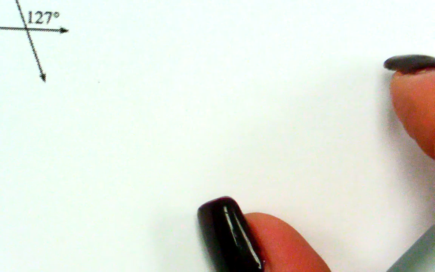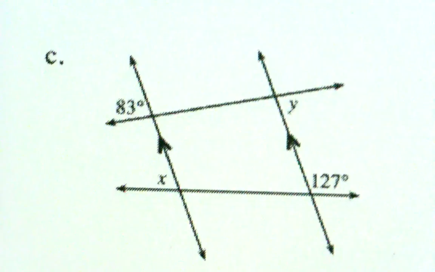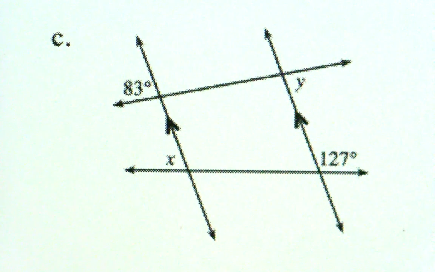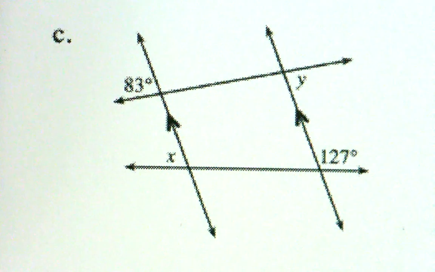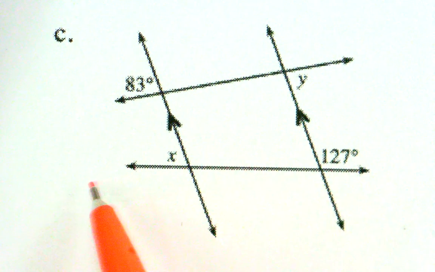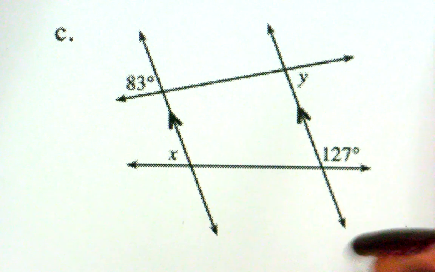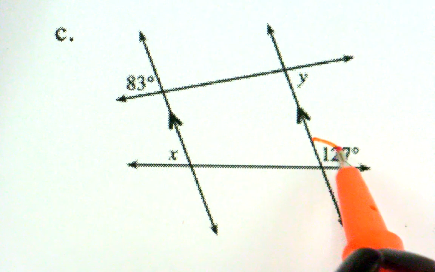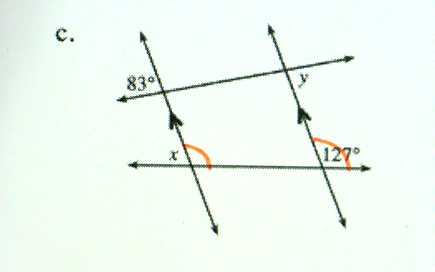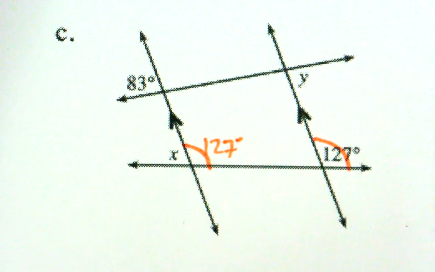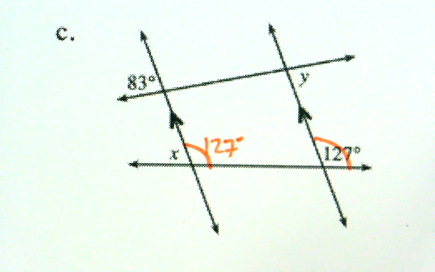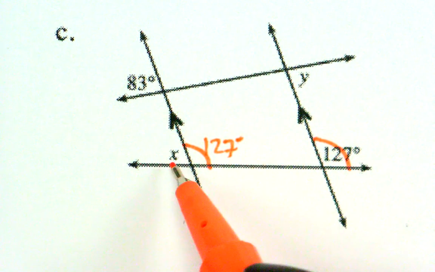Okay, part C. Oh boy, okay, so let's see what we have going on over here. Two parallel lines, a couple of transversals, so let's work our way over here first, down towards the bottom. So 127 is the same as this part right there, which means that this side is 127. And then x is a linear pair to 127.